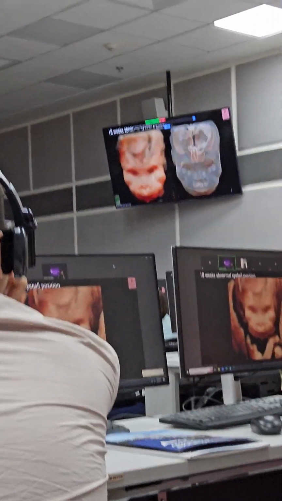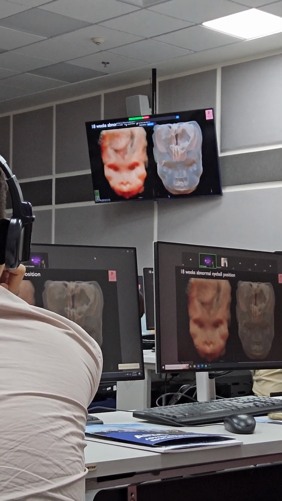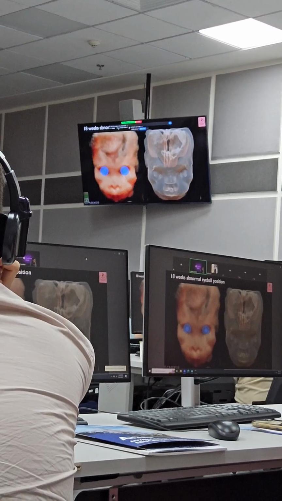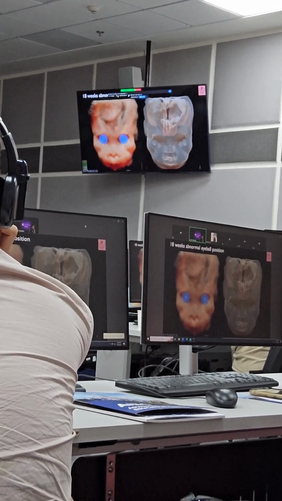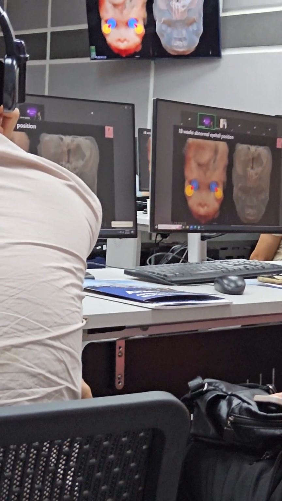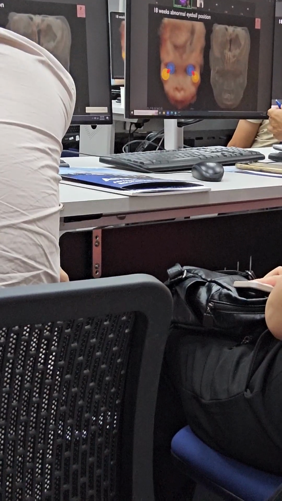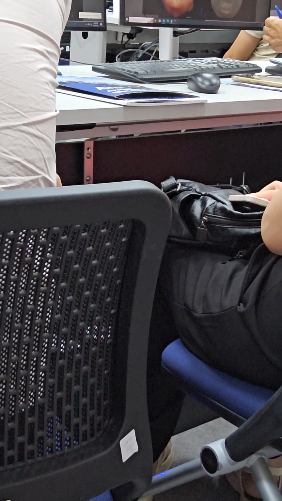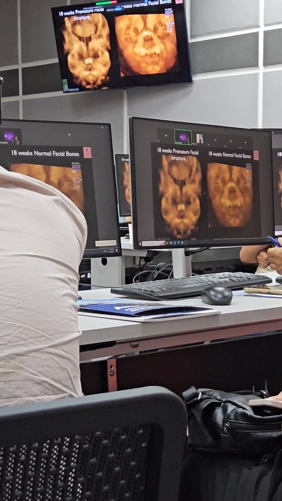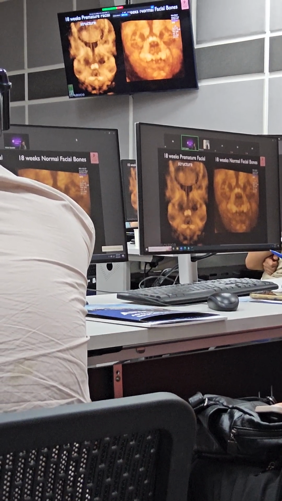Usually the eyes should be here, right? But they are here, not at the same level. They are apart and lower, right? So this is completely abnormal, and the location of the eye socket is completely abnormal compared to the normal case.